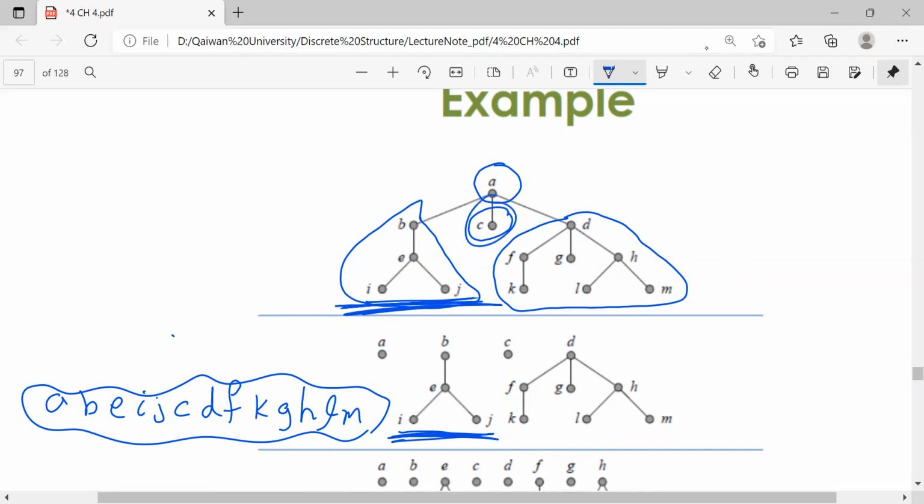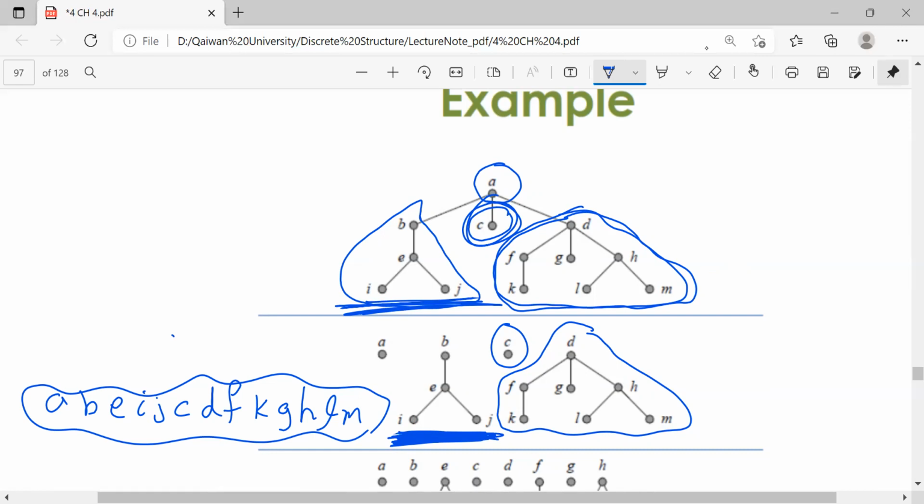And the middle subtree is only C. It's only a vertex. And the right subtree is D and these vertices. This is the right subtree. That means here, the first element is A. Then write down all the elements of the left subtree, which is B, E, I, and J. Write down these vertices. Then after this, we have C.